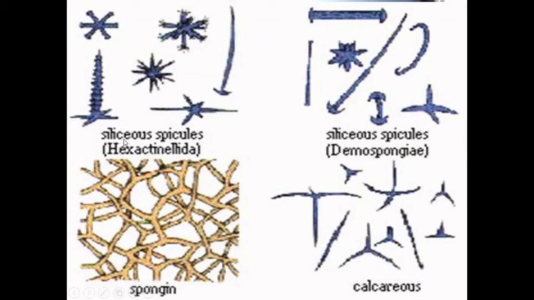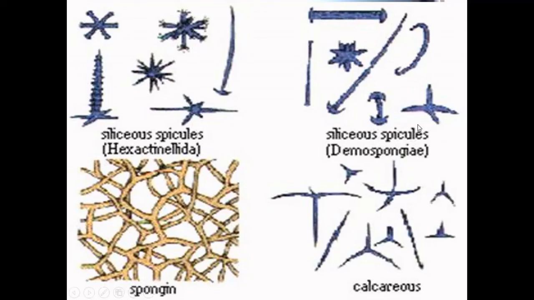So we have the siliceous spicules made up of silica. And we have also spongin, likely flexible siya compared to the siliceous type of spicules. And spongin will serve as the connective tissue of the sponge because this will hold the parts intact and protect the sponge, keeping it in shape aside sa spicules.